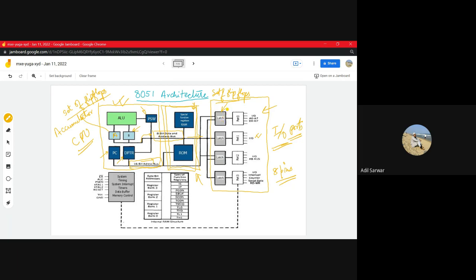Just to take an example, say you are using a calculator.